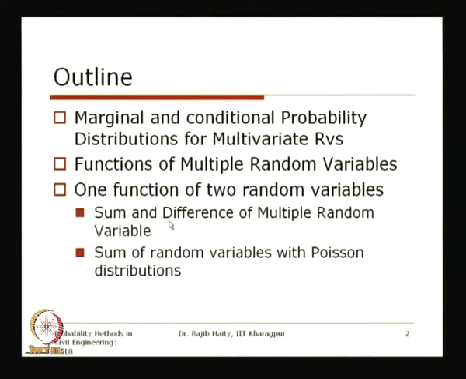Our discussion will be oriented around the sum and difference of multiple random variables. Basically, we will take up the bivariate case as we are doing for all the cases, first the sum and then the difference. There are many applications you can imagine.